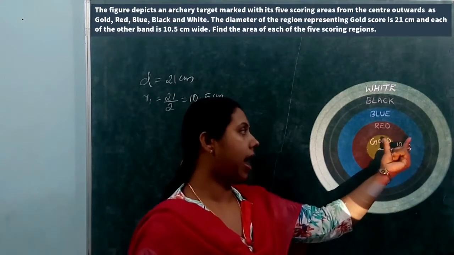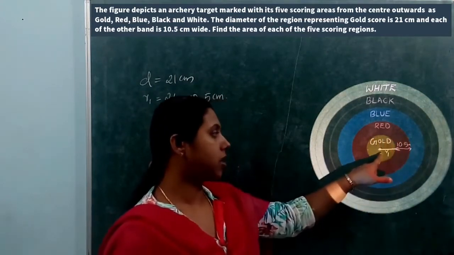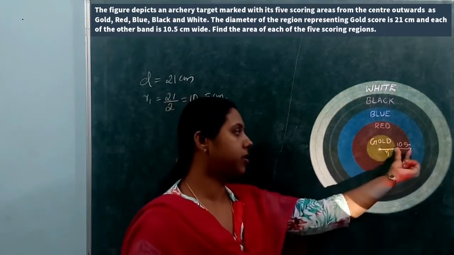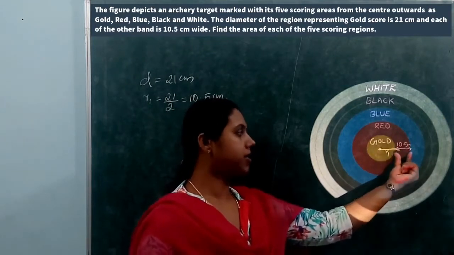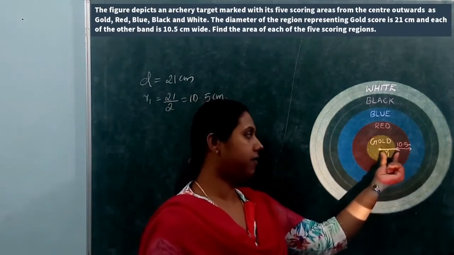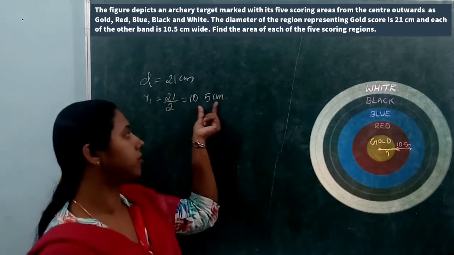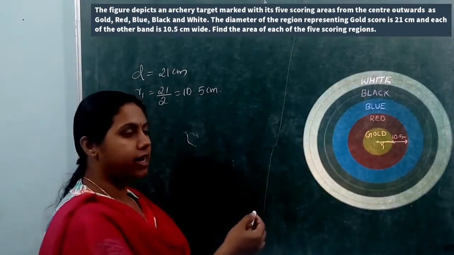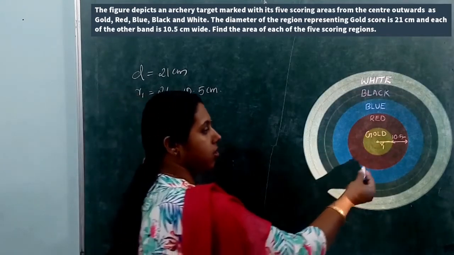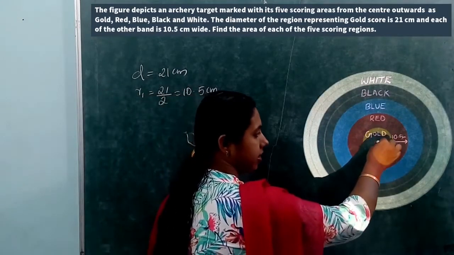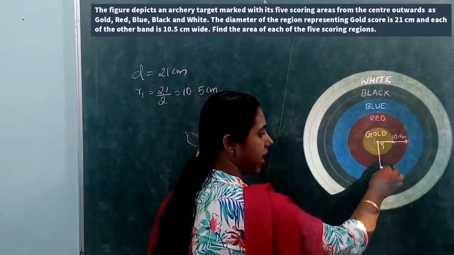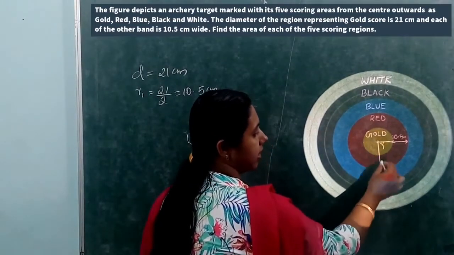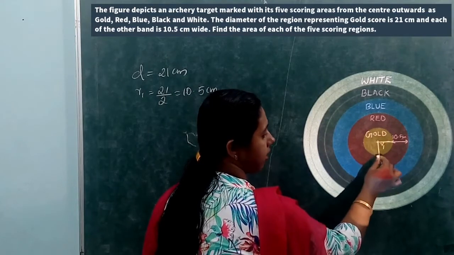with the gold and red is equal to this R1 plus this width. R1 plus 10.5. Here we know that the radius R1 is equal to 10.5. The radius of the region, gold and red, we can represent as R2.